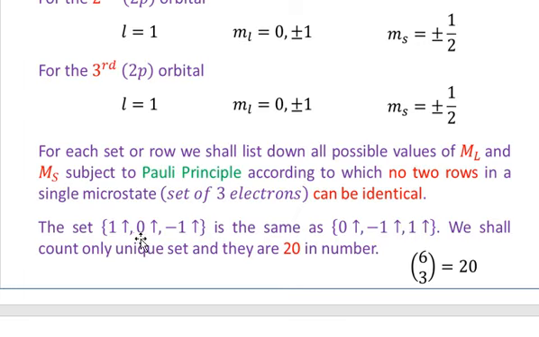The set 1 up, 0 up, minus 1 up is the same as 0 up, minus 1 up, 1 up. We shall count only unique sets, and they are 20 in number. I am going to discuss these sets in much greater detail in the next pages, and there it will be clear what is the meaning of these sets that I have written.